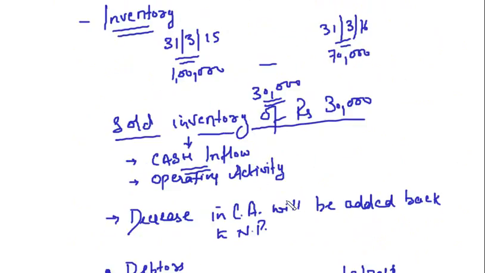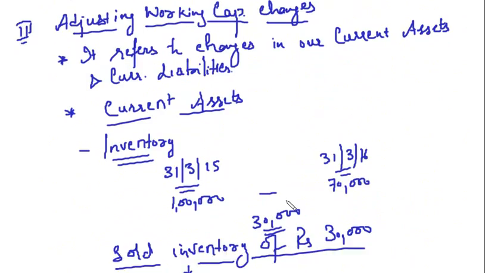So this is about the working capital changes. What is working capital changes? It refers to changes in the current assets and current liabilities. Remember, the current assets move in opposite direction and current liabilities move in same direction. Just keep this logic in mind. If you forget everything else, just remember this.